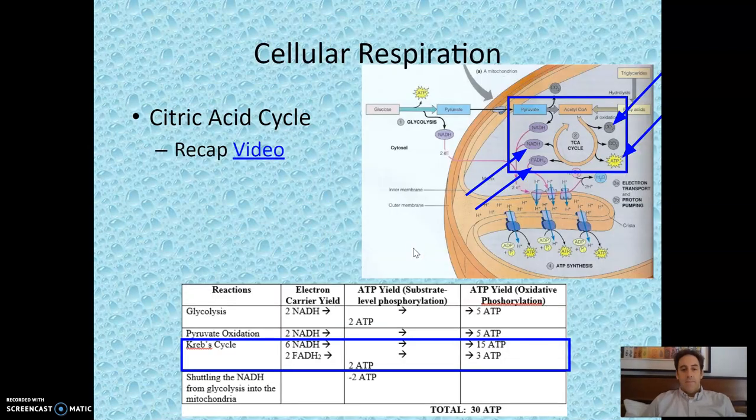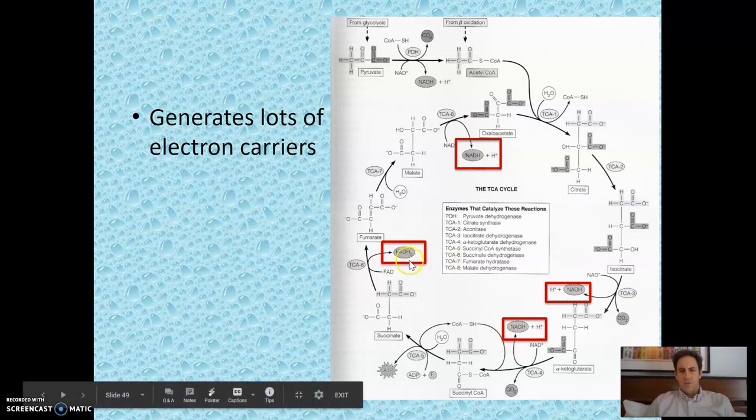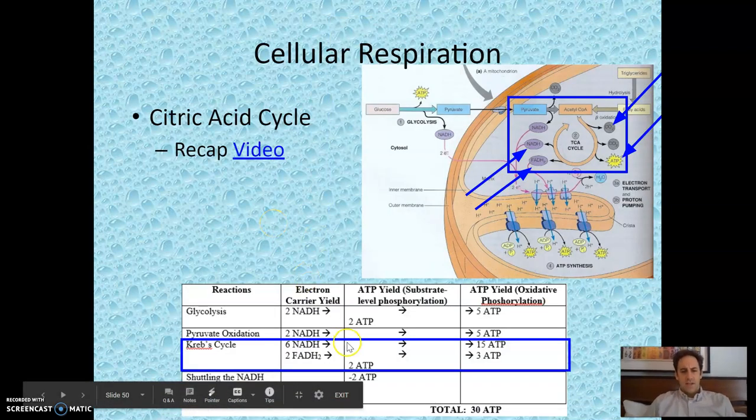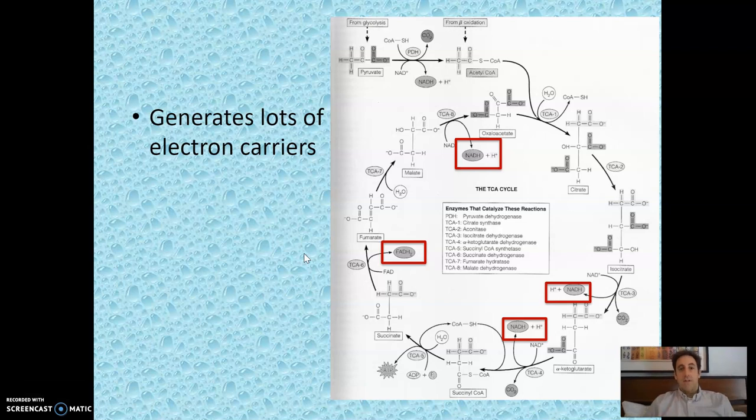Now, if you look at this chart here, I counted 3 NADH and 1 FADH2, but here it's saying 6 and 2. What's up with that? Hopefully you remember everything is happening twice. Since each glucose gives you 2 molecules of pyruvate, we have to multiply all of this by 2.